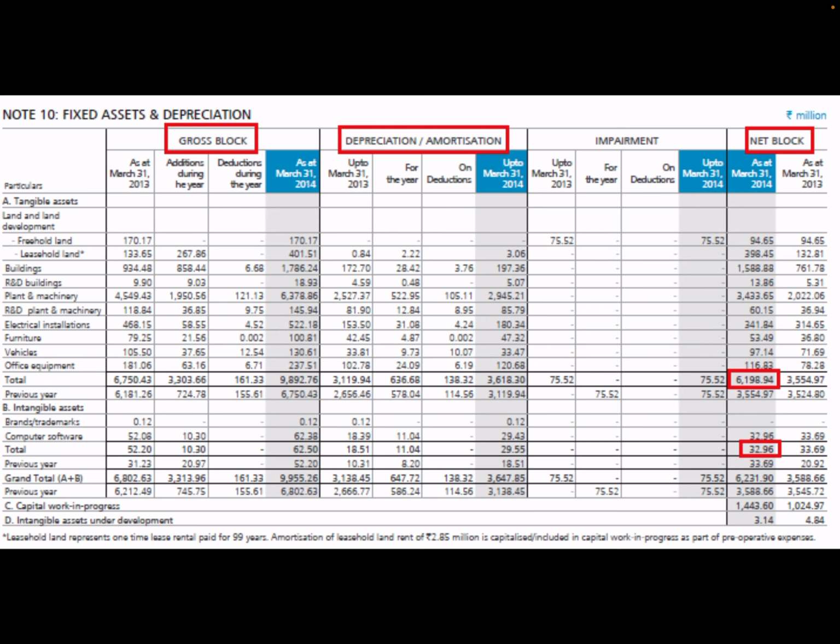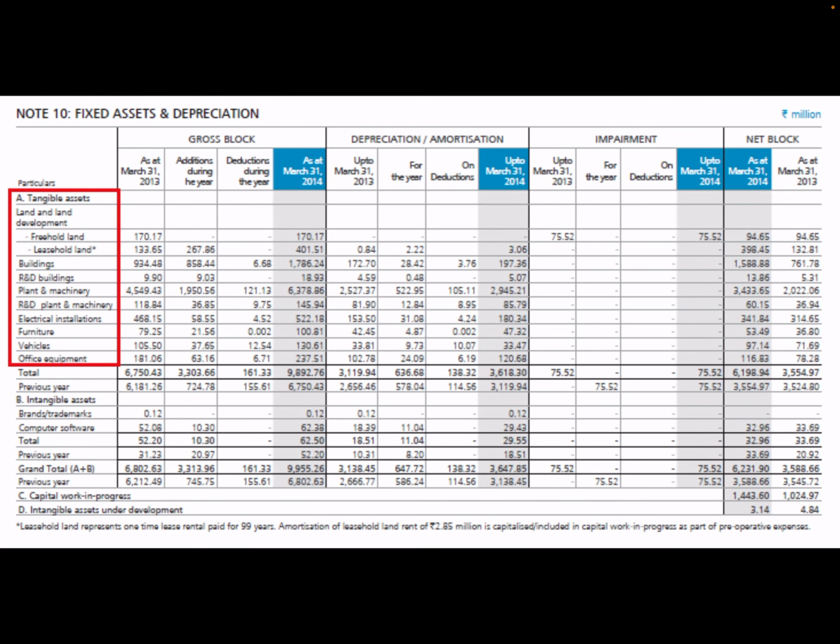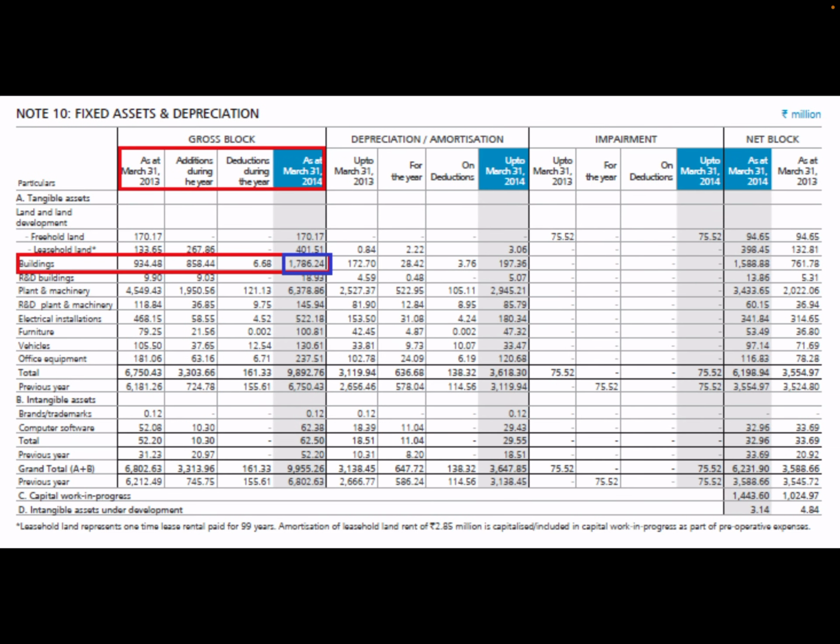Notice under tangible assets you can see the list of assets that the company owns. For example, the company has listed building as one of its tangible assets. I have highlighted this in this part.